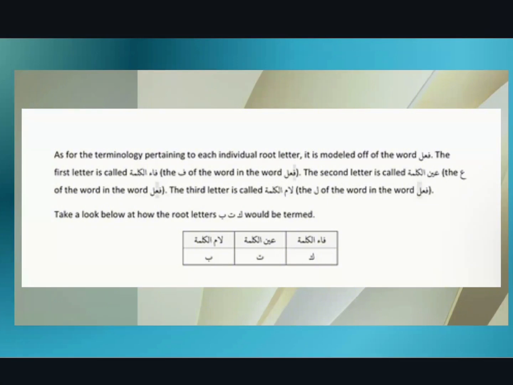Contents are the root letters, and root letters are the jizr. The jizr of the words are modeled off fa, ain, lam: fa al-kalima, ain al-kalima, lam al-kalima. Remember the order and remember these 3.